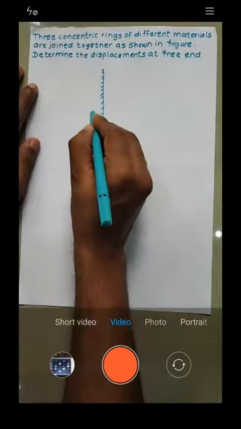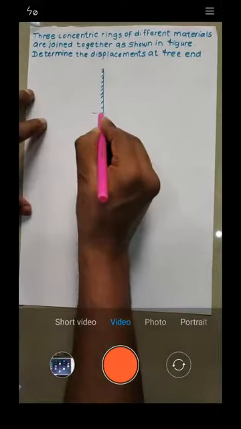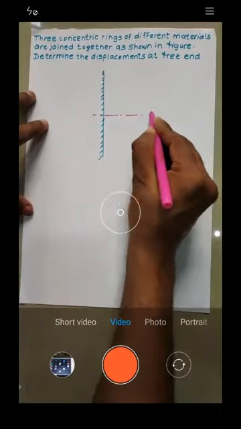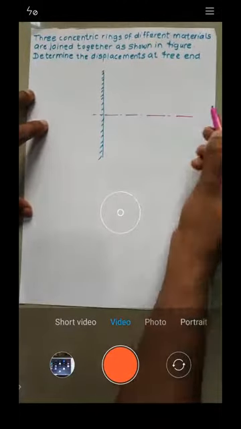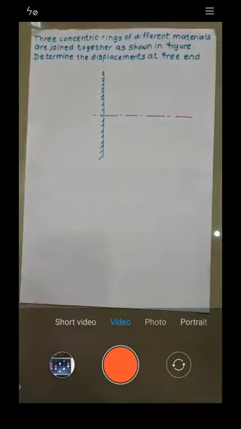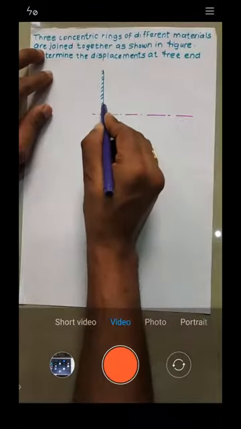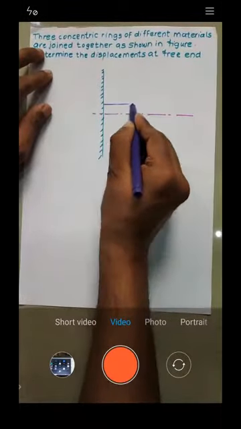This might be the center of the ring, and let's say we have this ring.